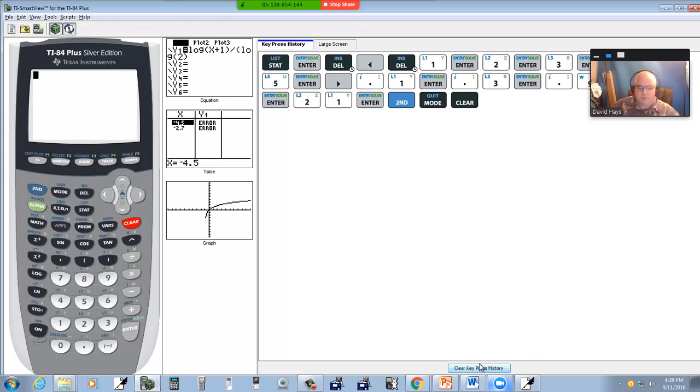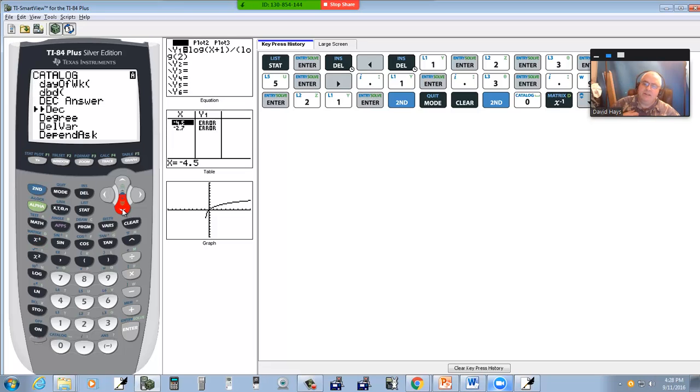You only have to do this one time on your calculator. If we go into catalog by doing second 0, and then you push this button, looks like x and -1, that's actually your inverse button. That'll take you down to the D's. And we want to choose diagnostic on, which is right there, and then I'll press enter twice.